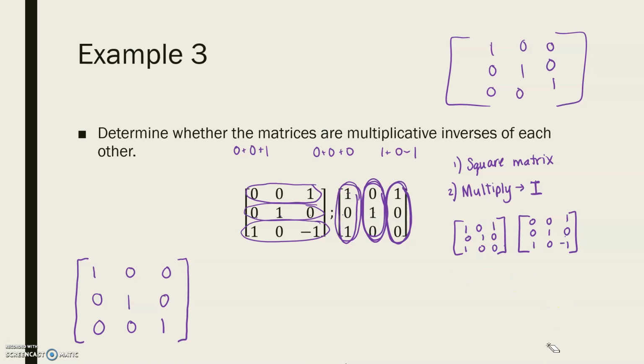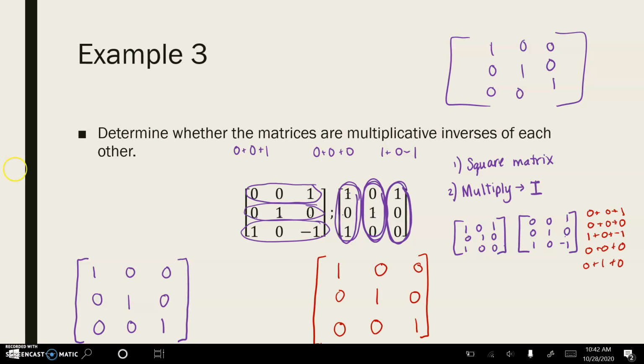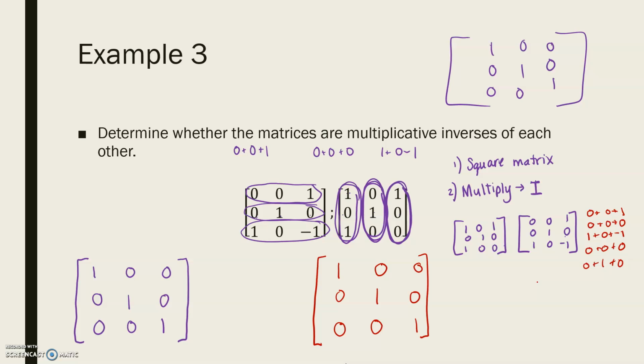When we multiply these together, try it on your own first and see, do you get the identity matrix? So when you do your multiplication, you should end up with another identity matrix. So since both of these, when we multiplied them, even when we switched the order, gave us the identity matrix, that means that these matrices are multiplicative inverses.